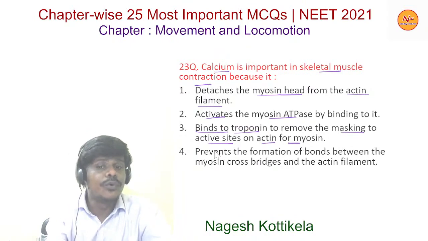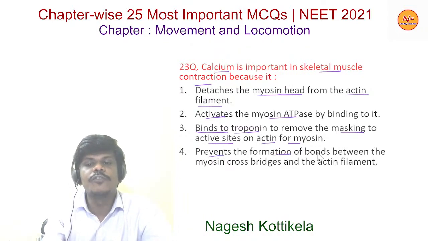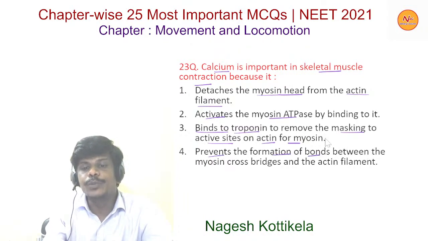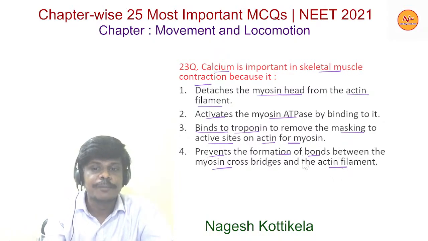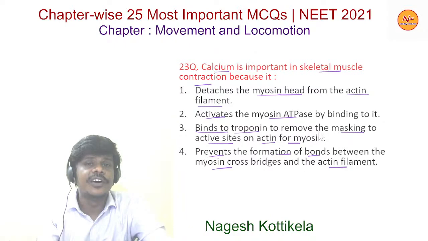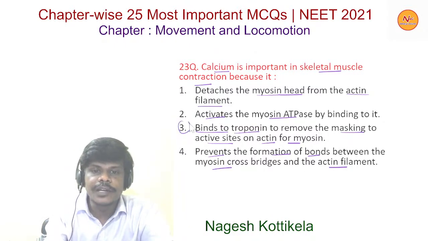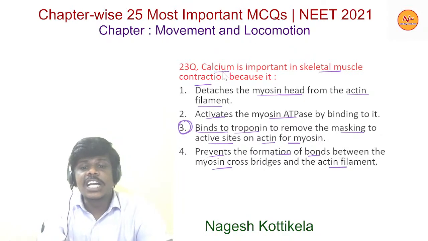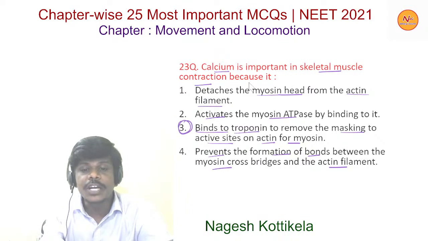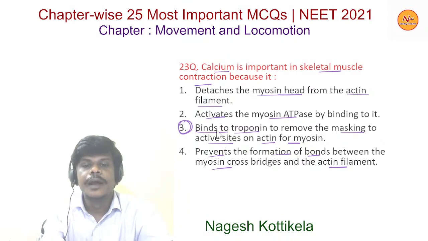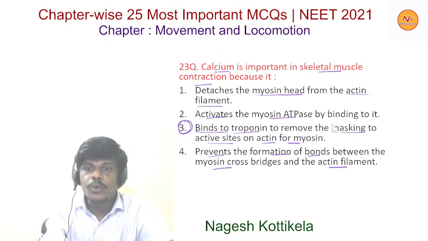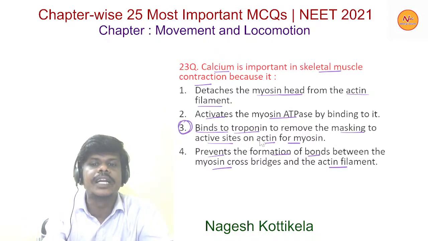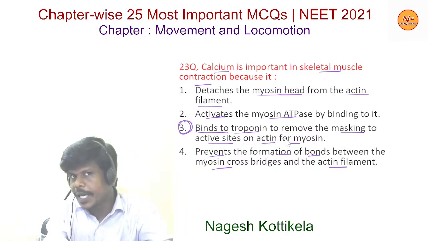And option 4, prevents the formation of bonds between the myosin cross bridges and the actin filament. And here the right option is the third one. Calcium ions bind to troponin to remove the masking to active sites on actin for myosin.